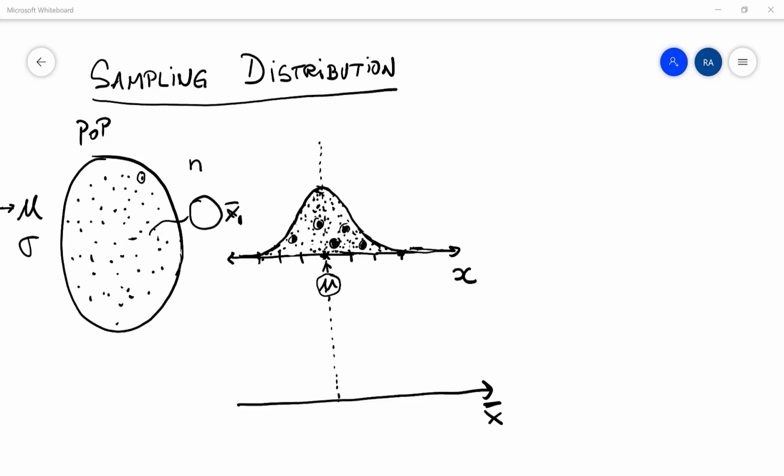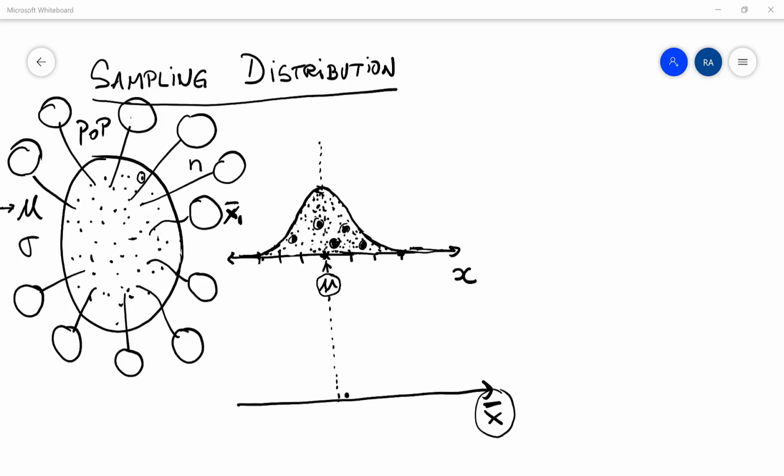On this other number line, we are going to organize all sample means according to their corresponding measurement. For example, this value that we obtained from my first sample is close to the mean, so we are going to plot this value here. But we are interested in the distribution of all possible sample means of all samples of the same size n.